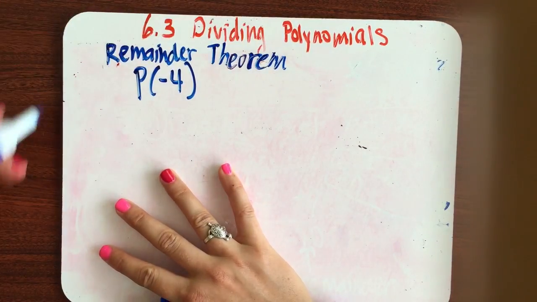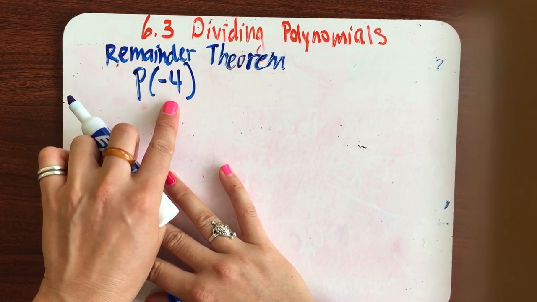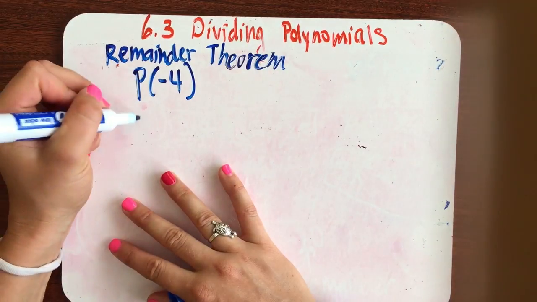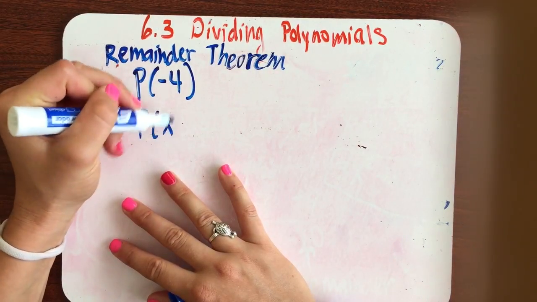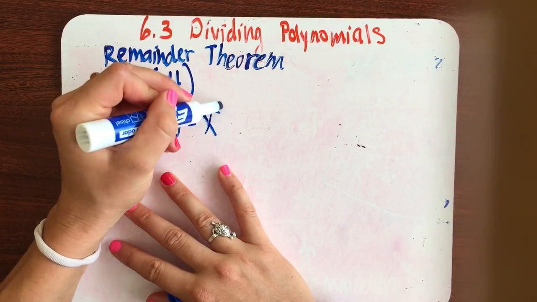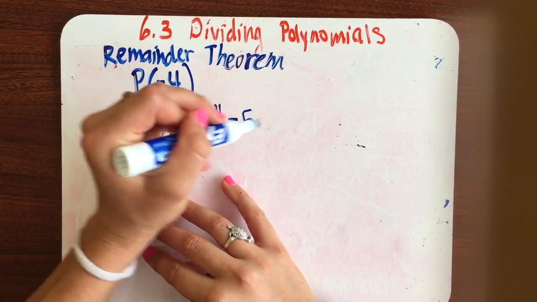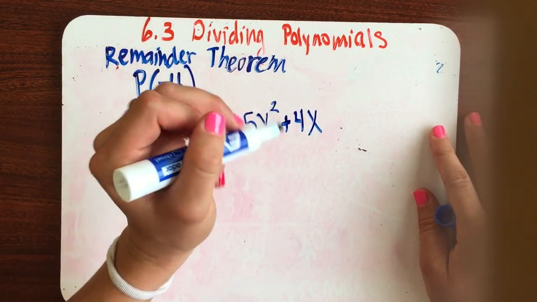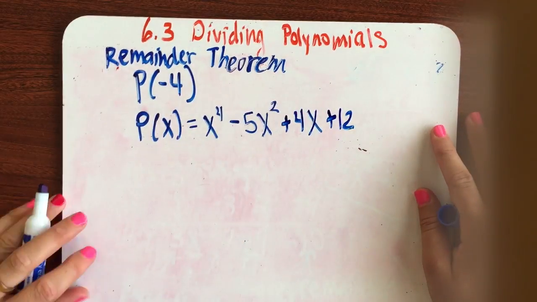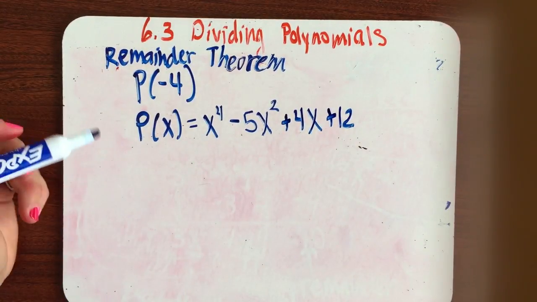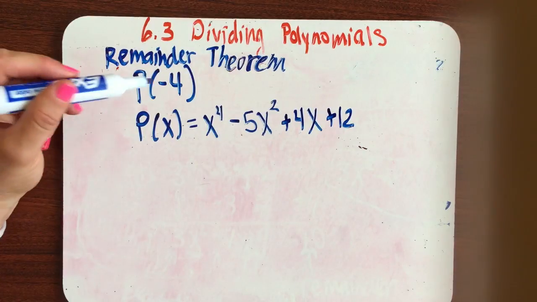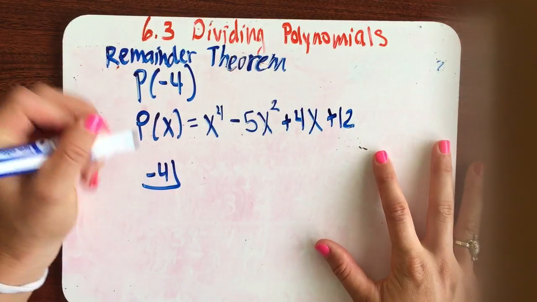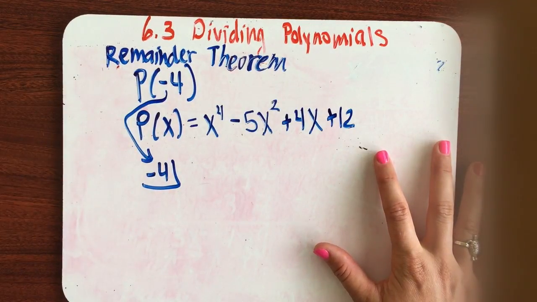We're going to use synthetic division with p of -4 to evaluate p of x equals x to the 4th minus 5x squared plus 4x plus 12. So we're going to use the same thing here, and when it's p of a number, you're going to use this number in the parentheses in the box. So we're going to use -4 here, whatever that number is here.